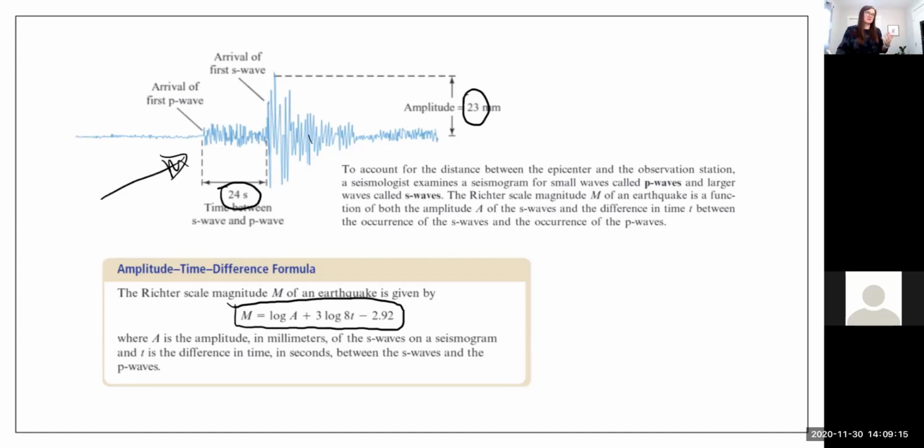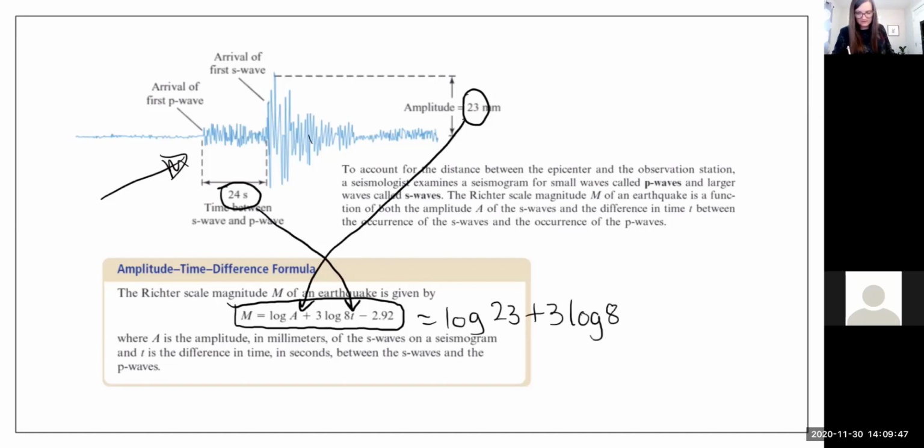I'm just showing you where logs are, anytime you have an exponential sort of situation, it's going to be there. So you would basically put that in and say log of 23 plus 3 log of 8 times 24, and then minus 2.92. That's the formula they've developed. That's what they would use to identify what the magnitude is. And so knowing how to get this in a calculator, you just really would type this all in, would help you out.